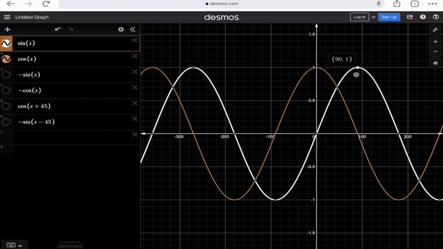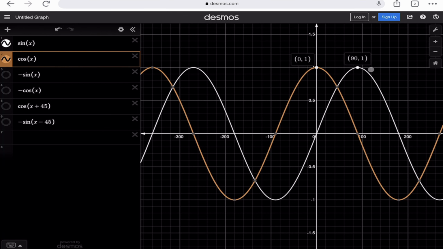To get cosine, which is the orange graph, the shortest distance we have to move sine is 90. We move sine to the left by 90 degrees, and that is advancing sine. And thus we get cosine.